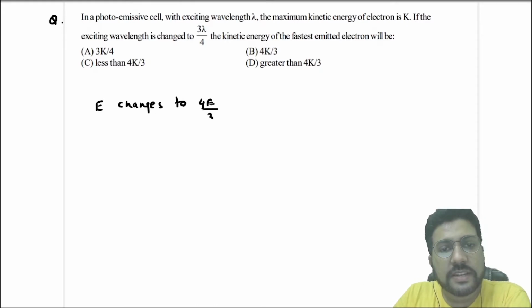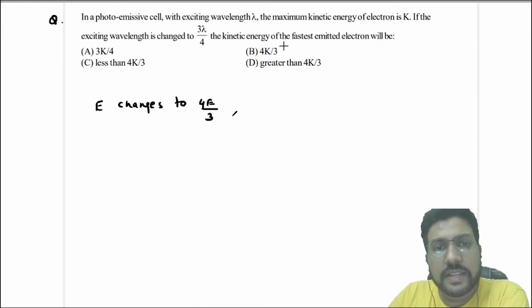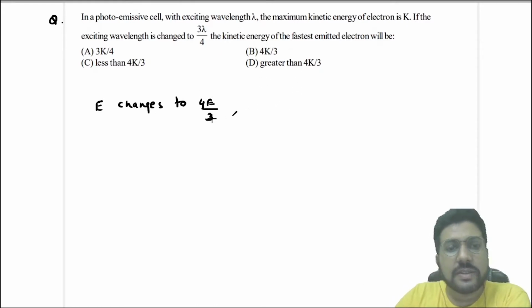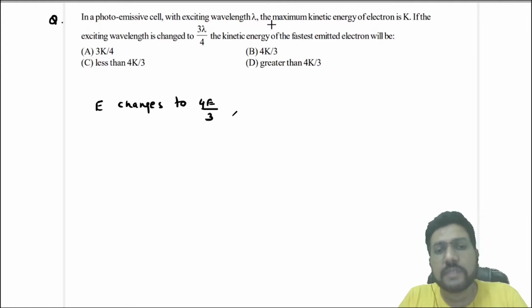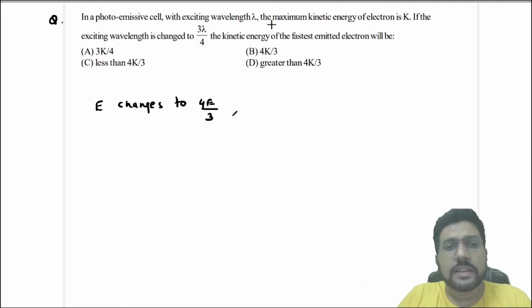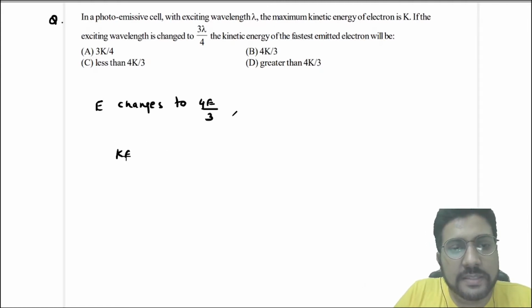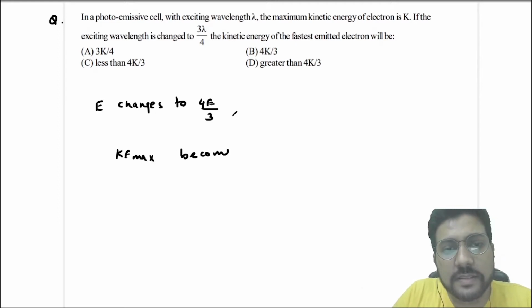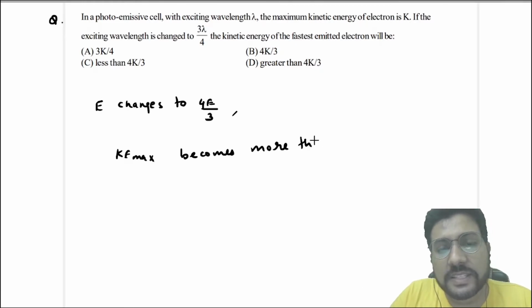If the initial energy is E, then the new energy is 4E by 3. Why? Because energy is inversely proportional to wavelength. So if the wavelength becomes 3 lambda by 4, the energy becomes 4E by 3. So KE max becomes more than 4 by 3 times.